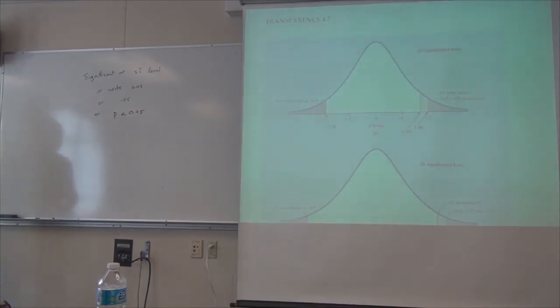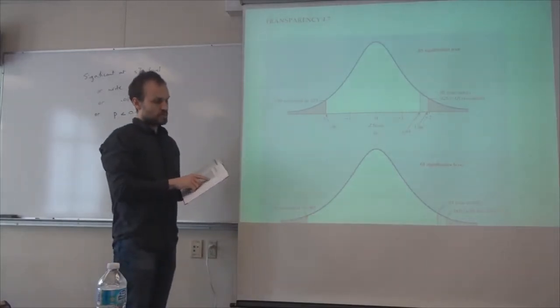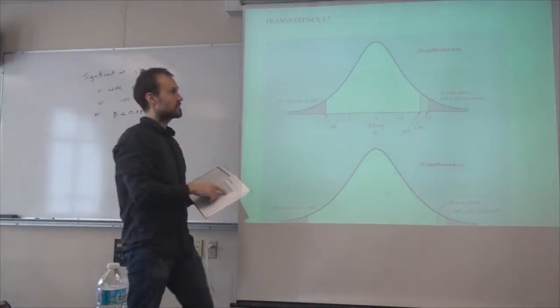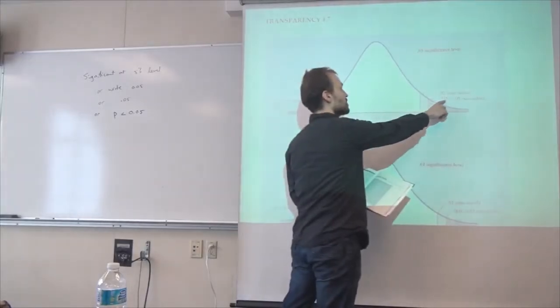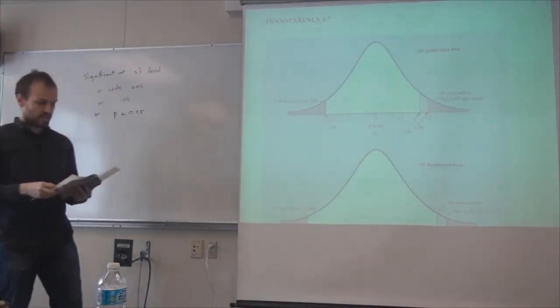Yes? Where are you getting the 1.96? In the Z table. You can pass me the book and I can help you look. My book is in my office. Very convenient. So now I'm looking for the percentage in the tail, and that probability is 0.025 or 2.5%.